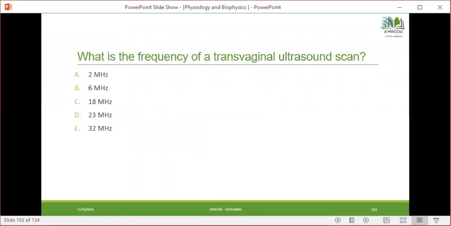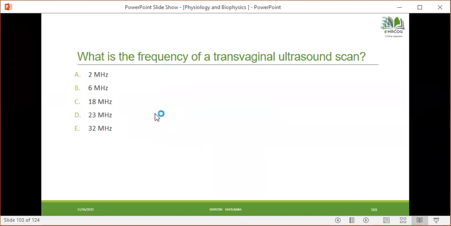But the main problem for candidates is mainly ultrasound basic principles and Doppler, of course, and diathermy. So we're going to revise together, inshallah, in this session, everything we need for the exam.